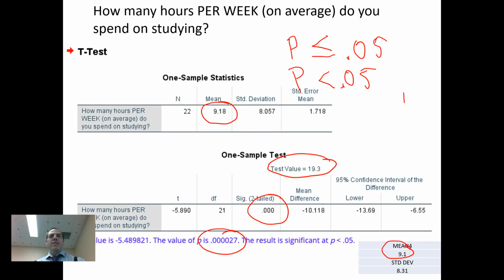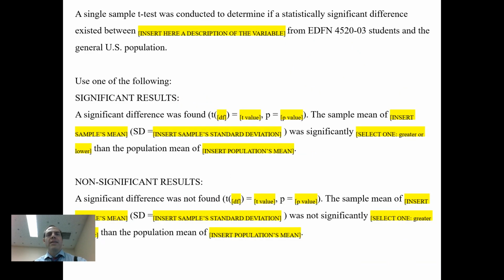Alrighty, so here you want to report your findings. Hours studying per week, and then the significant or non-significant results template. Significant? All right, good.